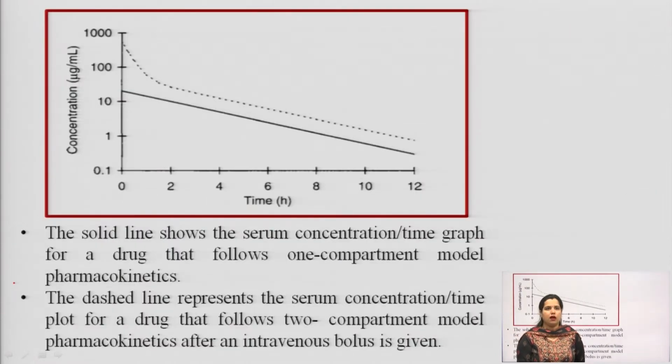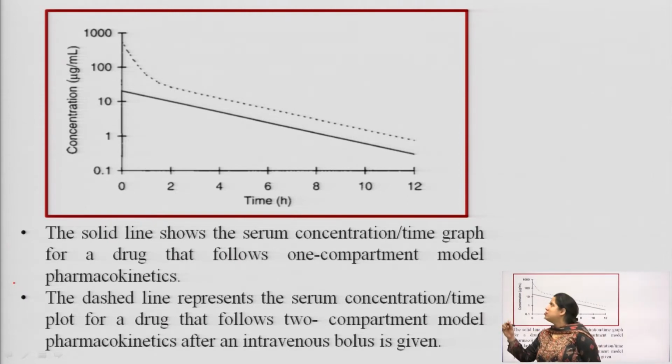So, you see the concentration and time profile curve. The solid line shows the serum concentration time graph for a drug that follows one compartment modeling, that means the drug reaching systemic circulation at any point of time is uniform, constant, linear, whereas the dashed line represents the serum concentration time plot for a drug that follows two compartment modeling pharmacokinetics after an intravenous bolus is given.